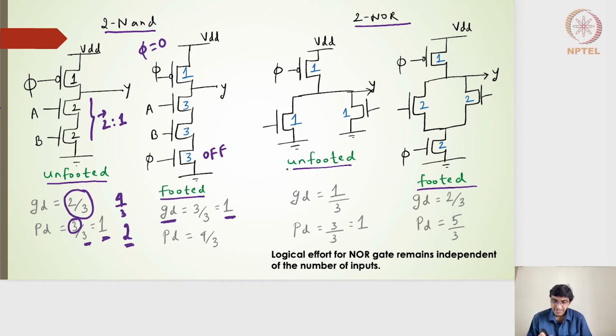For the 2 input NOR gate, again on the unfooted side, I will have one PMOS transistor connected to the clock signal, and then the A and B inputs connected to the individual branches of NMOS transistors. So for an unfooted one, the logical effort will be nothing but 1 divided by 3. So 1 by 3, very much less than the 5 by 3 that we had seen, right, for a regular CMOS structured 2 input NOR gate.